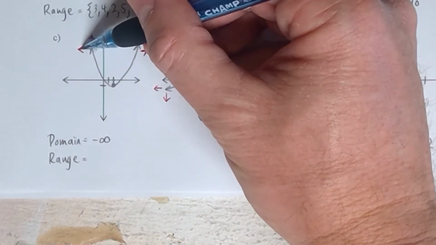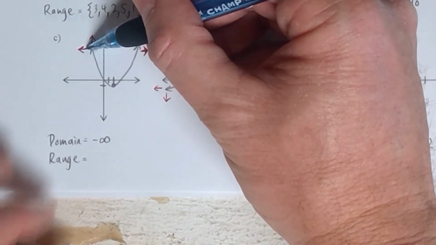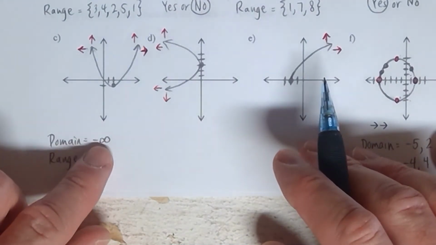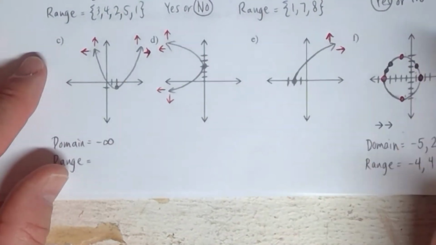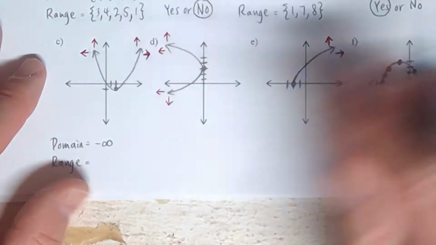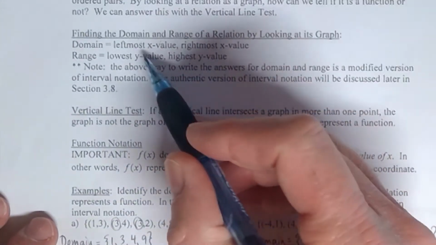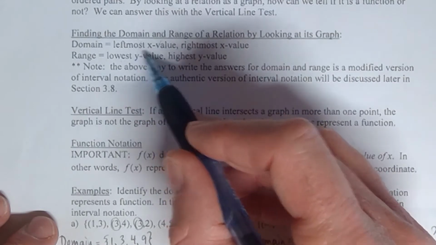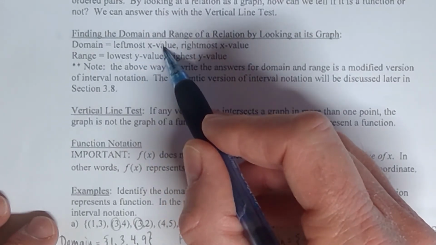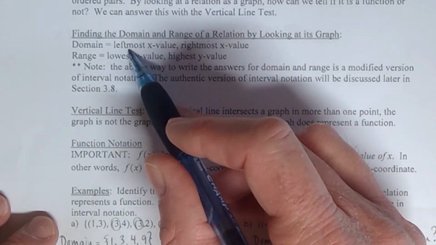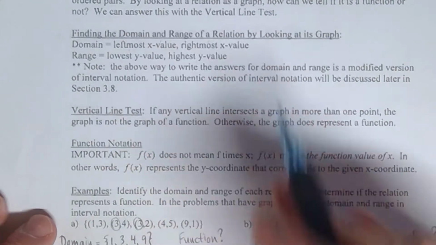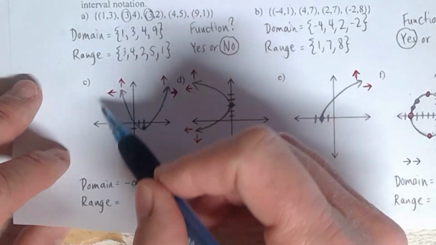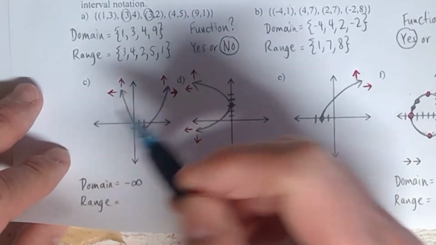So a forever to the left arrow always means that your domain, instead of having a leftmost x value, you call the leftmost x value negative infinity. Okay? So forever to the left means negative infinity, not positive infinity. I want to make sure we understand that, because when you go to the left, you're going in the negative x direction. Okay? Because the negative x values are on the left over here.